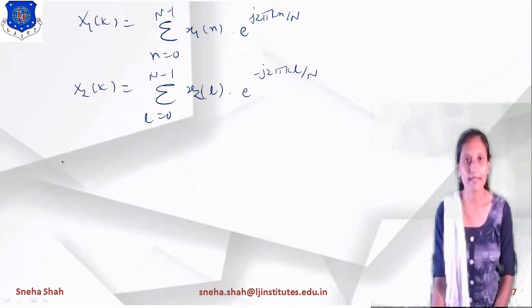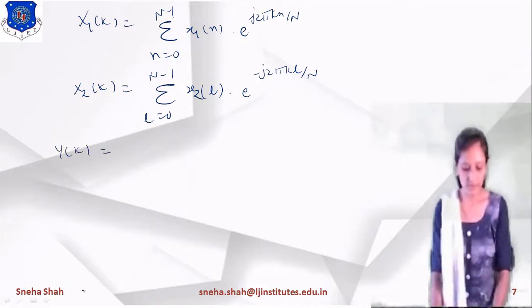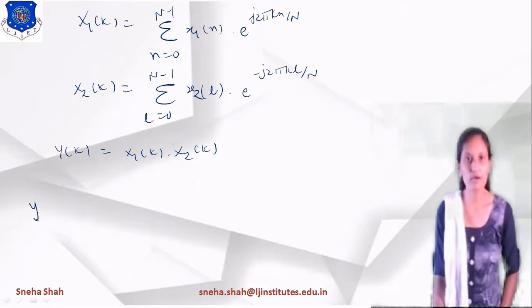Now if you want to find the output, what is the value of the output Y of k? The output Y of k equals X1 of k into X2 of k. Now if you want to find the output sequence y of n, we take the inverse DFT of this term.